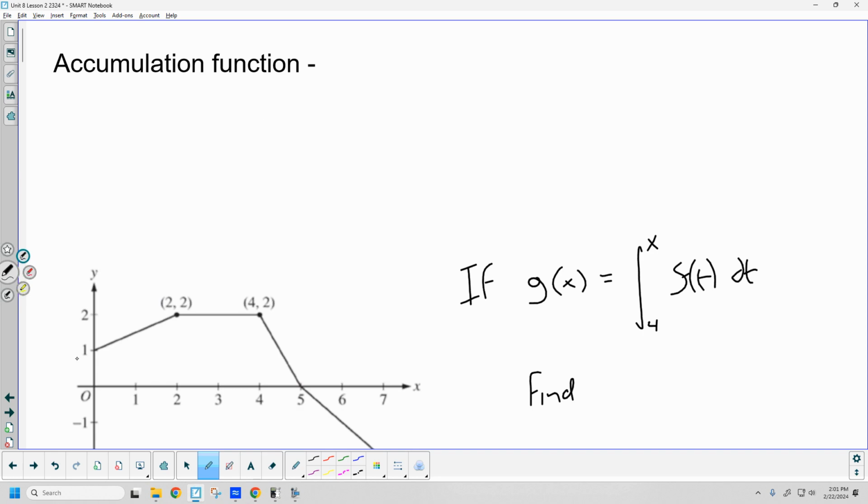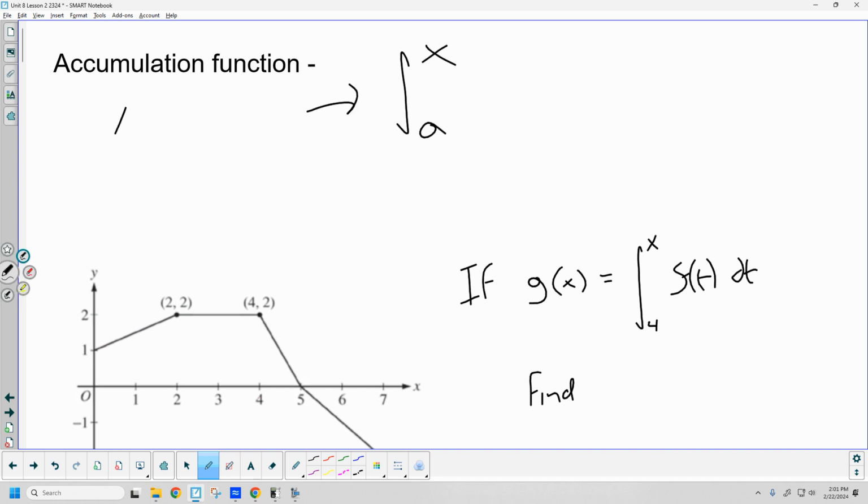Now I'm going to introduce something that looks very new. And you're going to be intimidated at first, but I'm going to show you pretty quickly that what we're about to do, we've already done. It's just going to look a little bit different. I'm going to introduce you to something called an accumulation function. And here's an accumulation function. It's an integral that has a variable as a boundary.